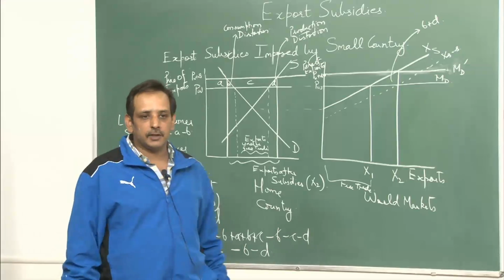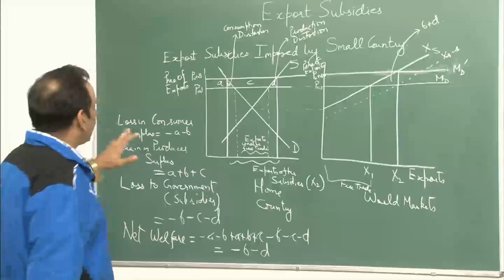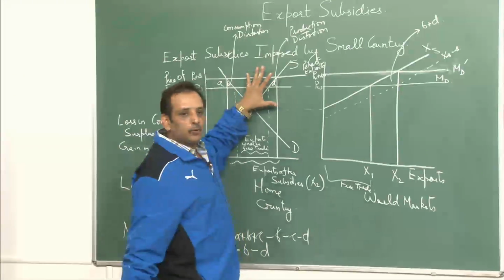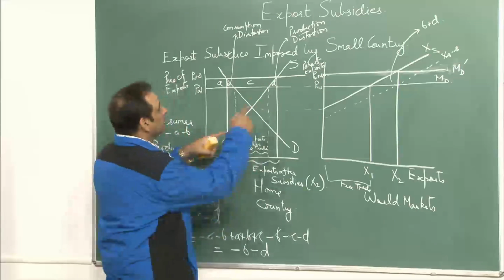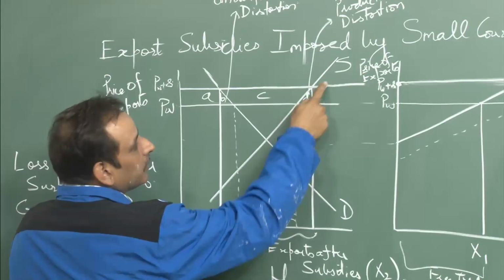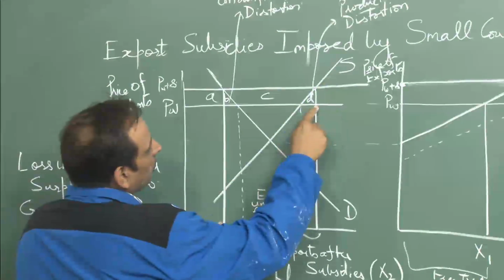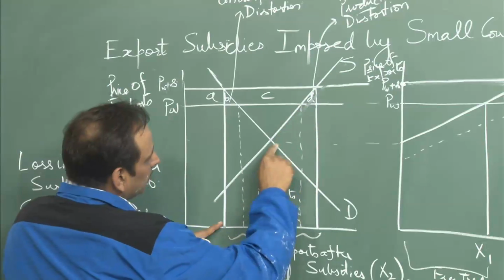Now consider the case of production subsidies, and if you are considering a small country, the only difference between this diagram and that diagram would be that the supply curve will shift, but not by this amount; it will be like this.